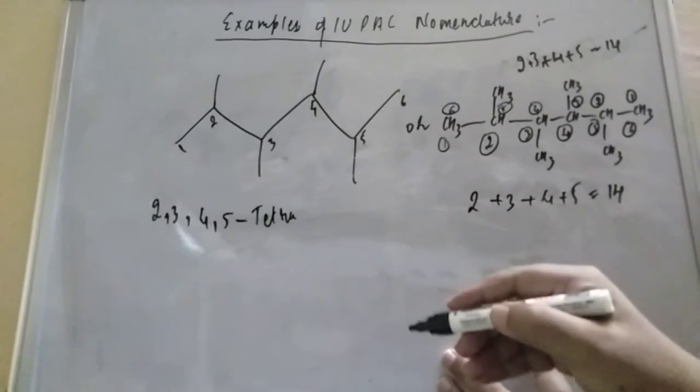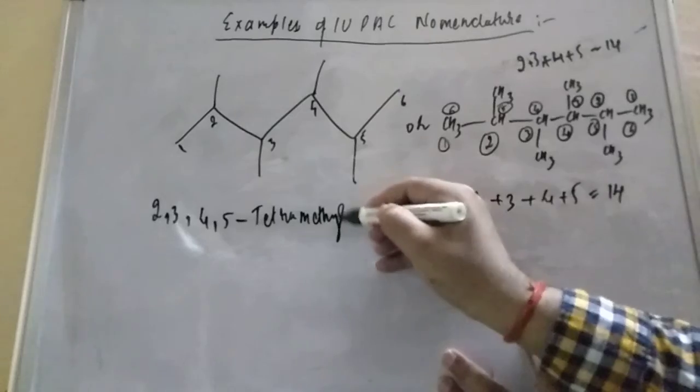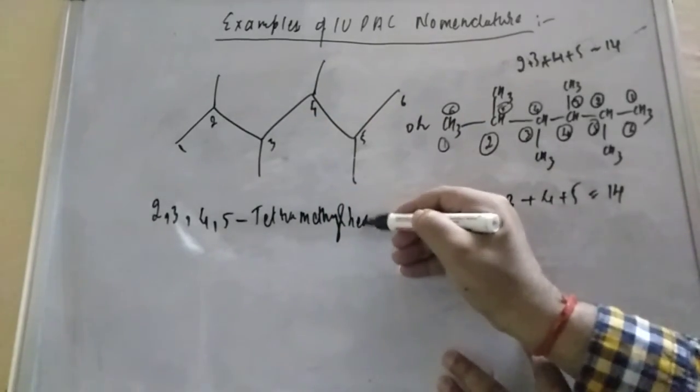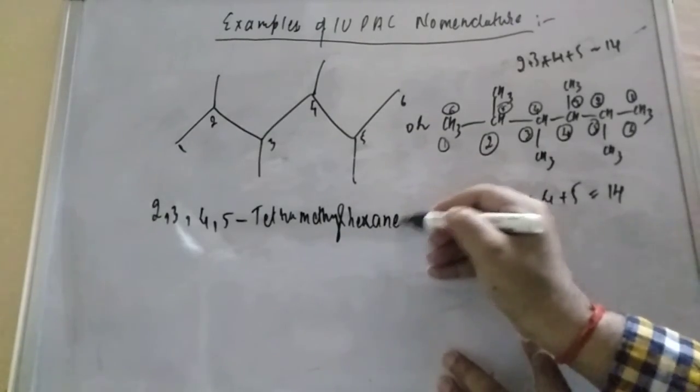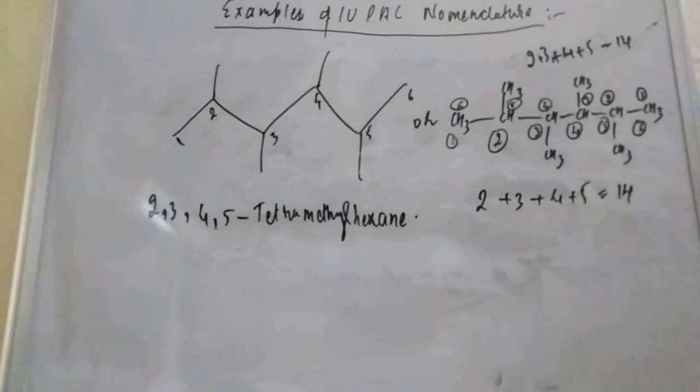So 2, 3, 4, 5 tetra. What group, student? This is the methyl group. Then word root, how many carbons? 6 carbon is hex. And what kind of linkage? Single bond, that is hexane. 2, 3, 4, 5 tetramethyl hexane. This is the IUPAC name of this compound, student.